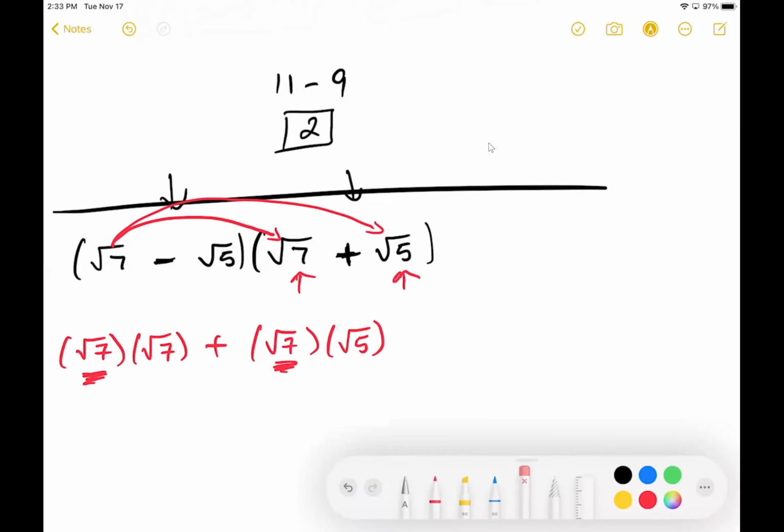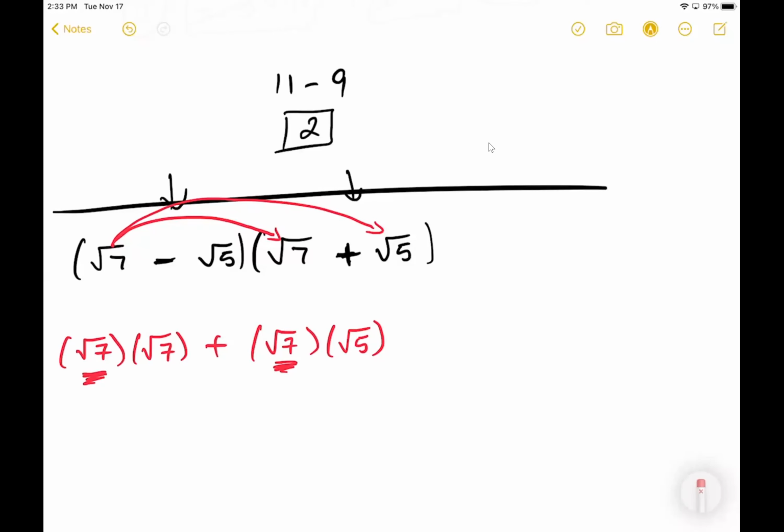I took a square root of 7 and multiplied it to these two items here. That's where I have my red ink.